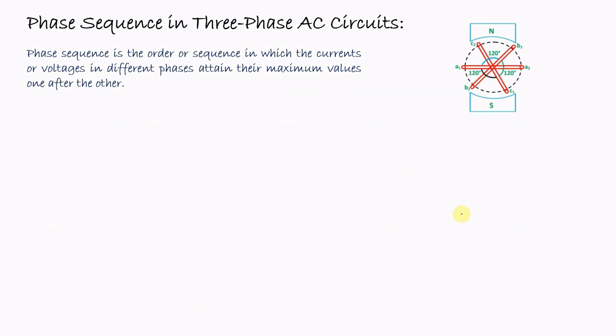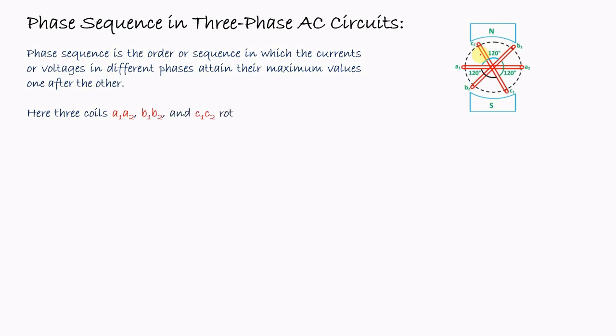As we have already seen in this figure, when these three coils rotate in the anticlockwise direction within a common magnetic field, the EMF induced in coil A will start from 0, and after 120 degrees the EMF induced in coil B will start from 0, and again after 120 degrees the EMF induced in coil C will start from 0.